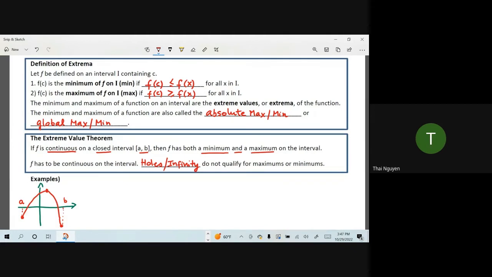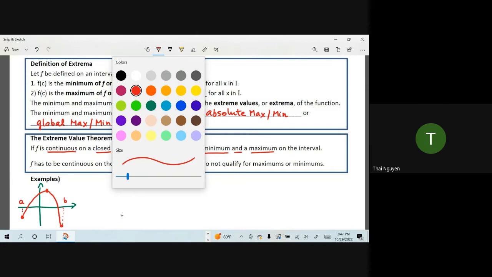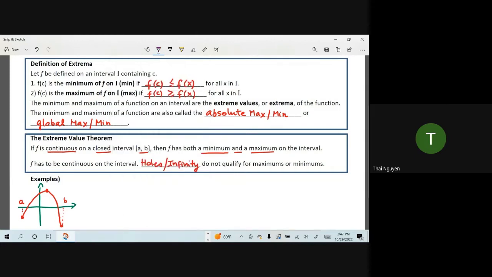So let's look at example 1. The function is continuous on a closed interval [a, b], and I'm making the b lower. In that case, the EVT guarantees that we have a max.